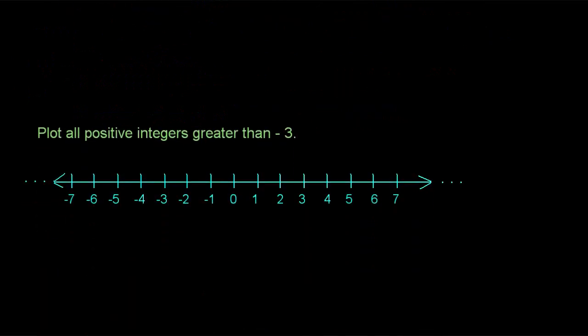Let's do some more. This says to plot all positive integers greater than -3. We've talked about integers in a previous video, but it would be helpful to talk about them again. First let's write down the counting numbers or natural numbers.